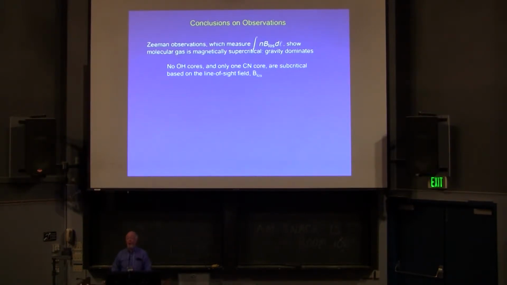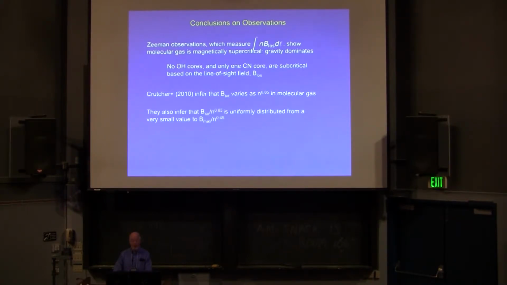If you just try to measure the magnetic critical mass using the line of sight field, then there are really no OH cores and only one CN core, which are subcritical. Then, as I said, Crutcher and collaborators inferred that the total magnetic field varies as the density to the 0.65 power in molecular gas.